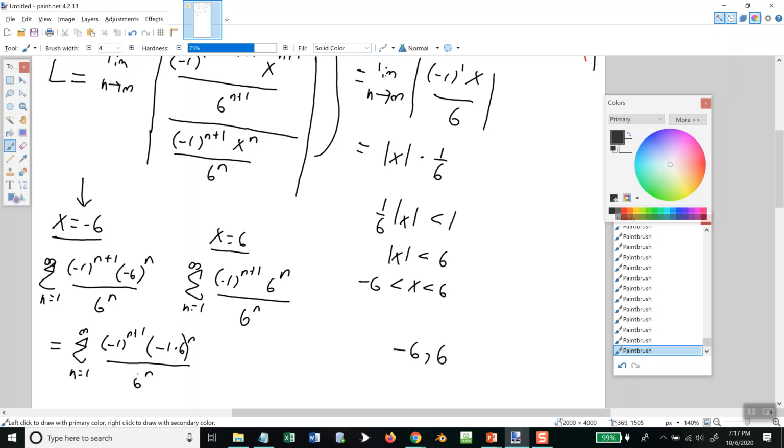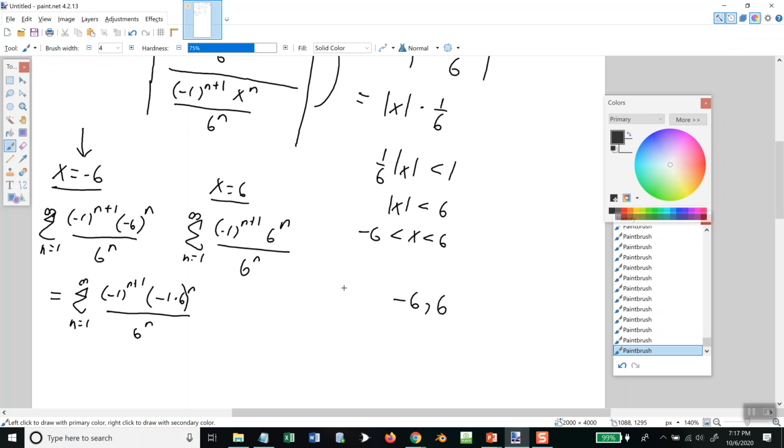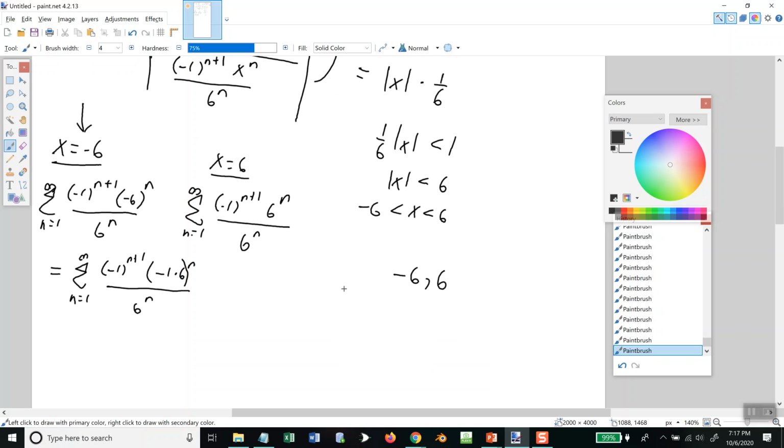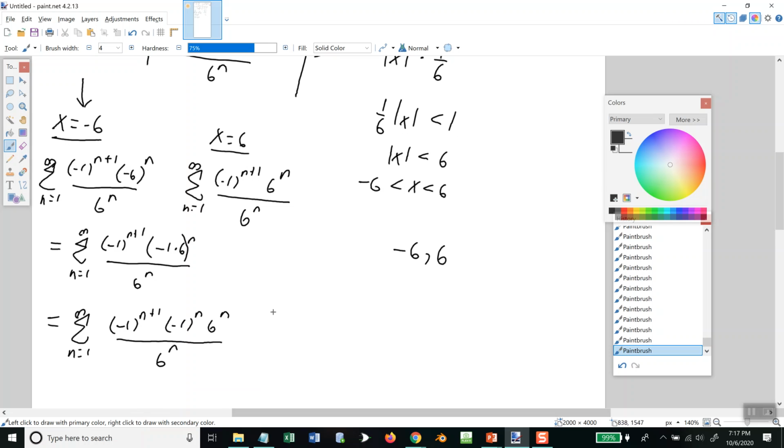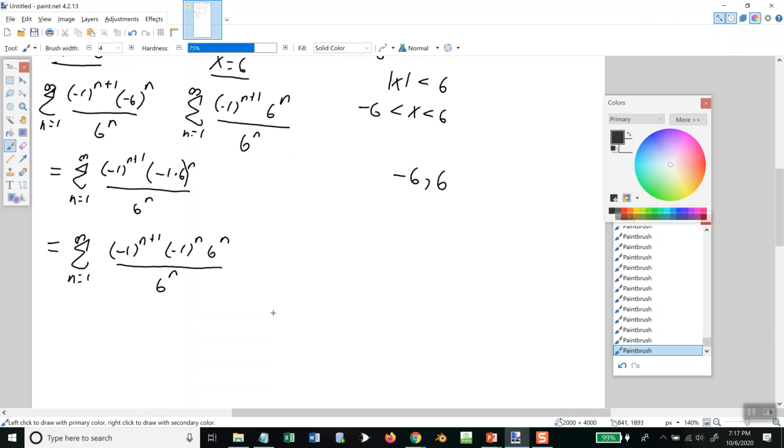So n equals 1 to infinity, negative 1 to the n plus 1, and this would be negative 1 to the n, and 6 to the n. I'll come back to this other one. So the 6 to the n's cancel.